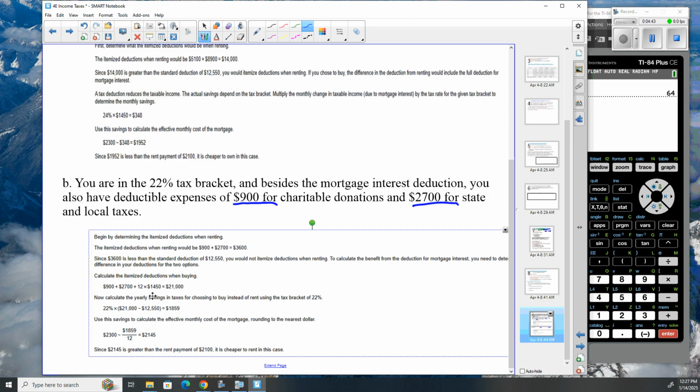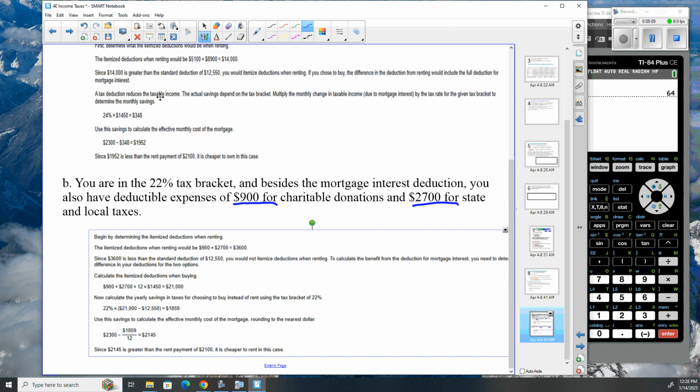To find out if you're going to itemize, you'll add the $900 with the $2,700 plus 12 times that $1,450, and that gives me $21,000. Since $21,000 is greater than the standard deduction, you're going to itemize if you buy. If you rent, you do the standard deduction. If you buy, you do the itemized deduction.